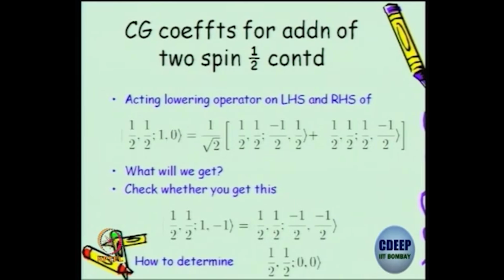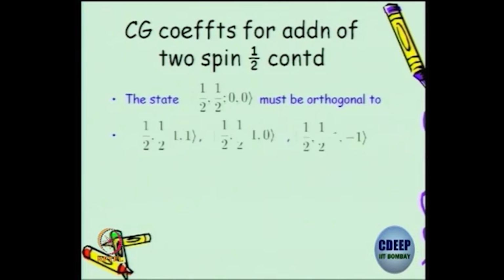How do we determine J equal to 0, M equal to 0 is the question. That also I said that J equal to 0, M equal to 0 must be orthogonal to all these states. The only state with which it has overlap is the 1, 0 state. We can check the orthogonality there. These things are trivially orthogonal because this one contribution is from 2 up spins. This contribution is from 2 down spins.